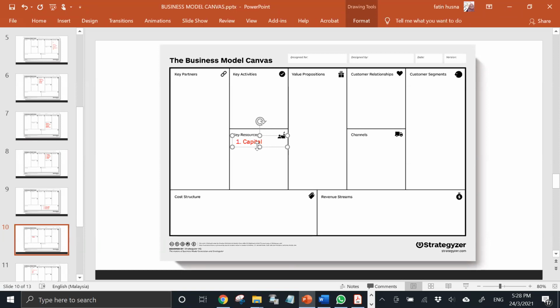But for example, within a group, one group member has become an owner of a company. For example, they're selling scarves, and the other members of the group become the agents for the owner. You must put capital.